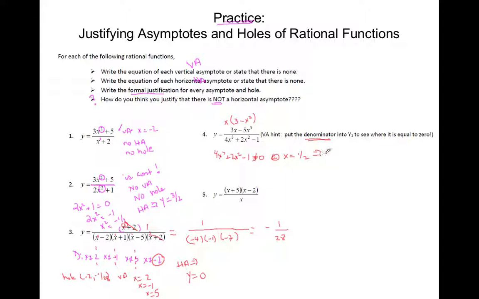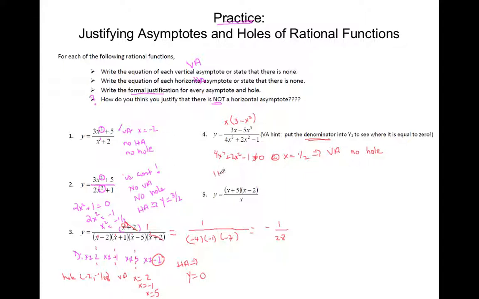Therefore, this is a vertical asymptote. It's a number that makes the denominator 0, and it does not cancel out with any factors in the numerator. Therefore, there must be a vertical asymptote at x equals 1/2. There is no hole because there was only one number that made 0 in the denominator, and that was 1/2.